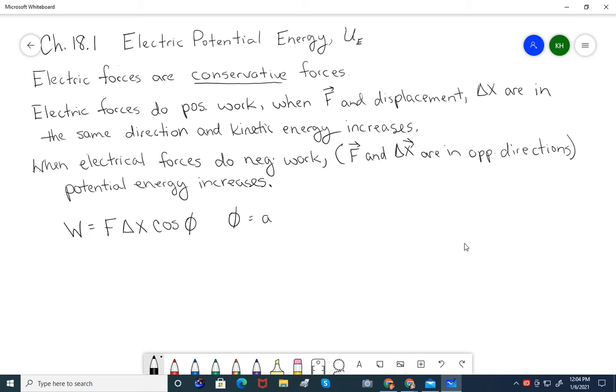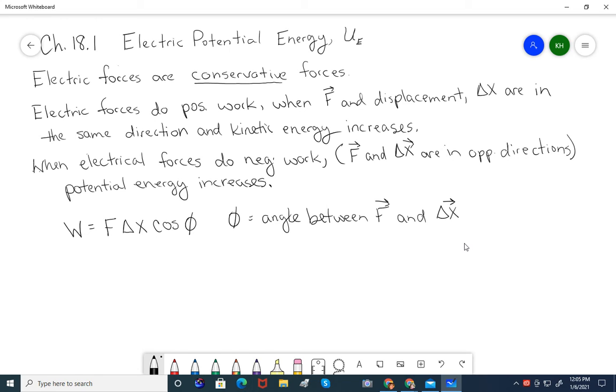Phi is the angle between the force, which is a vector, and the displacement, also a vector. They both have direction. Remember, work is actually scalar. So I didn't put the vector notation over here.